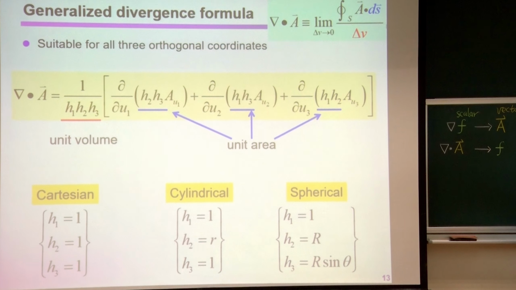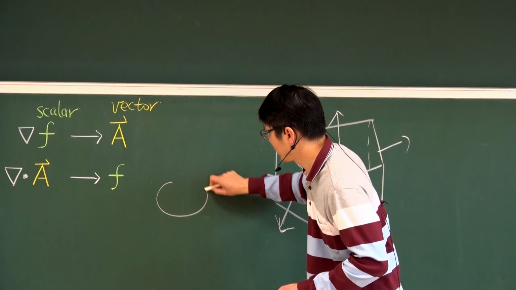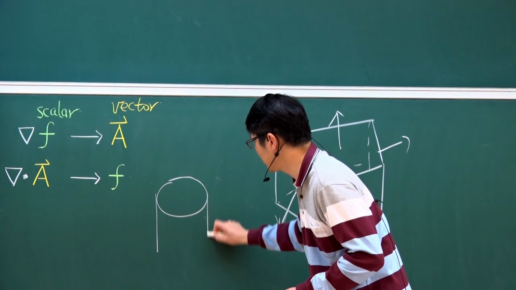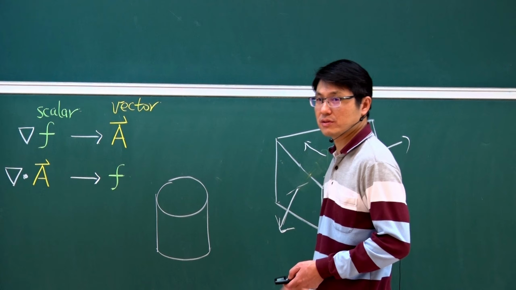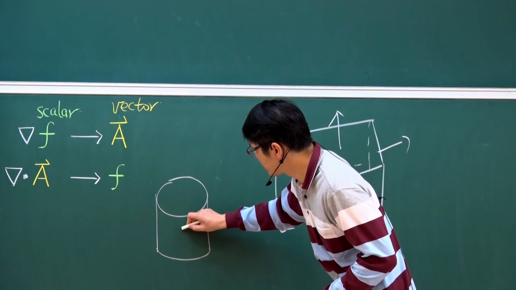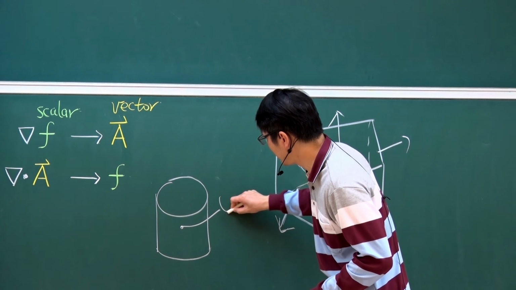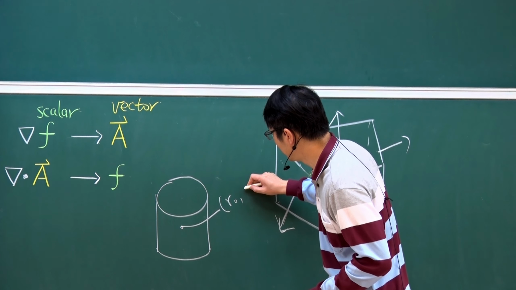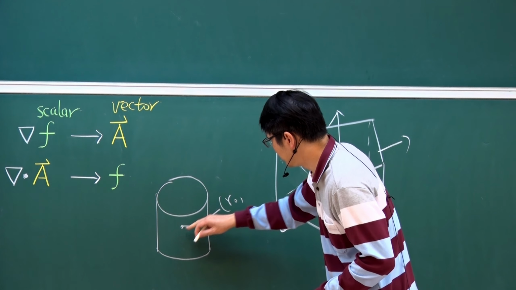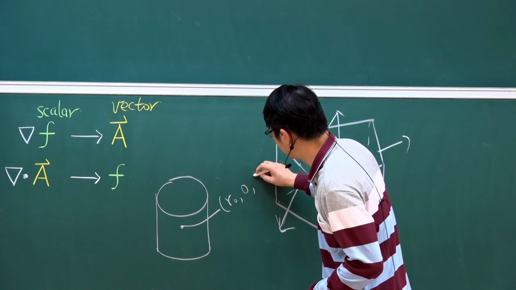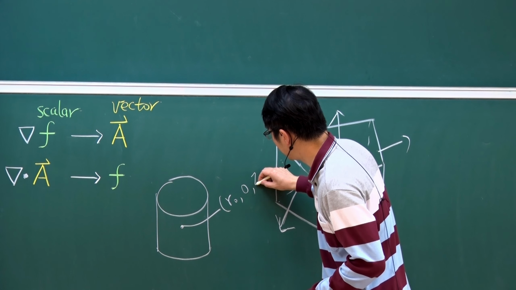You can define your small structure using a tube or something like that, so the center is R0, 0, Z0.